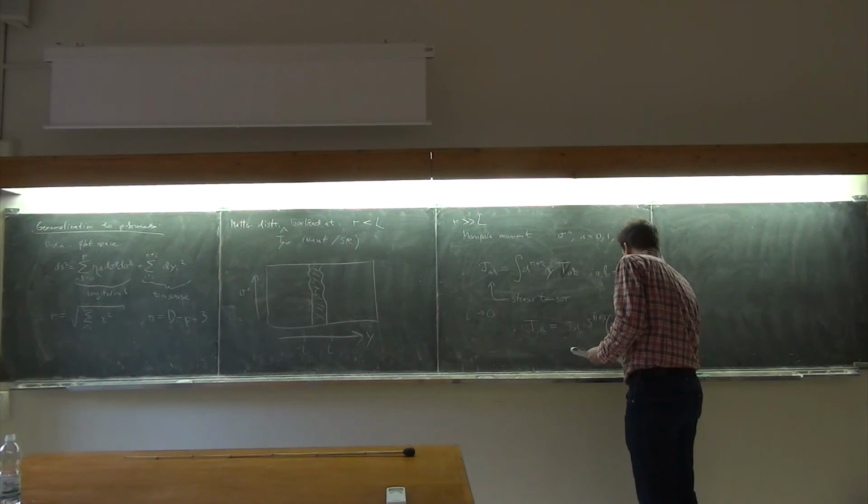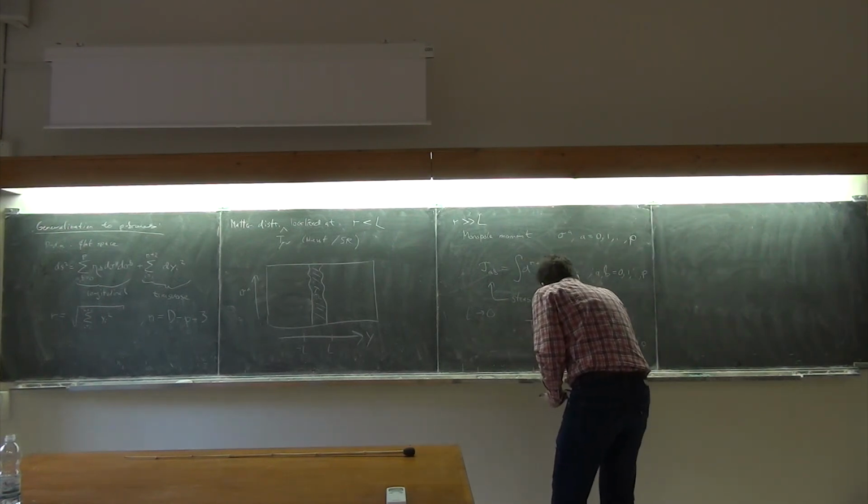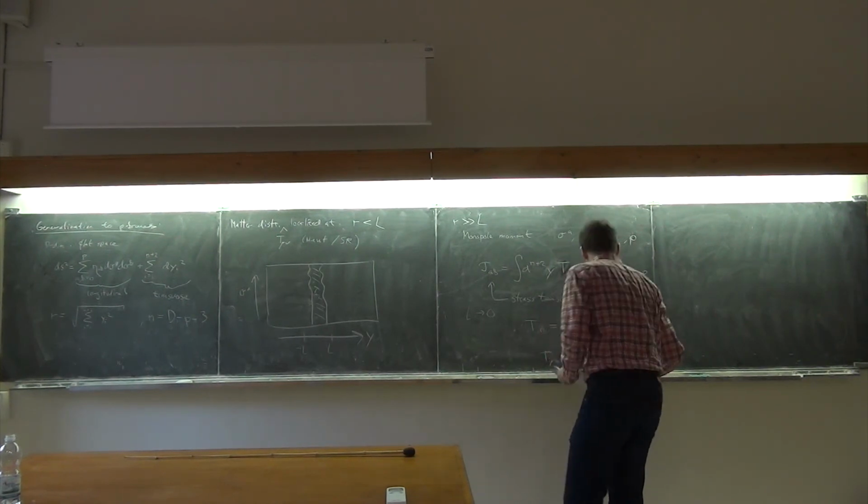So this is for mu, nu from 0, 1 to p, and then T mu nu is 0 otherwise. I mean, all the other components are 0.